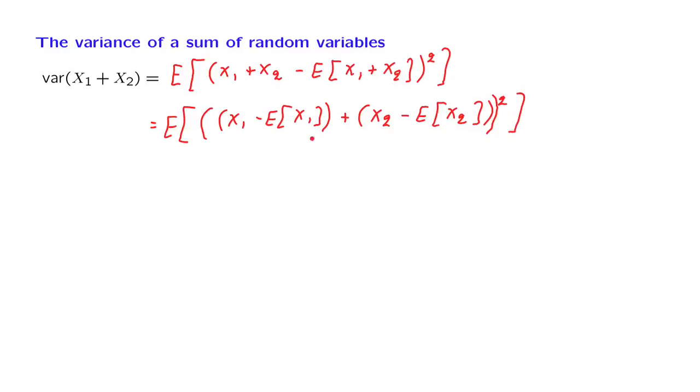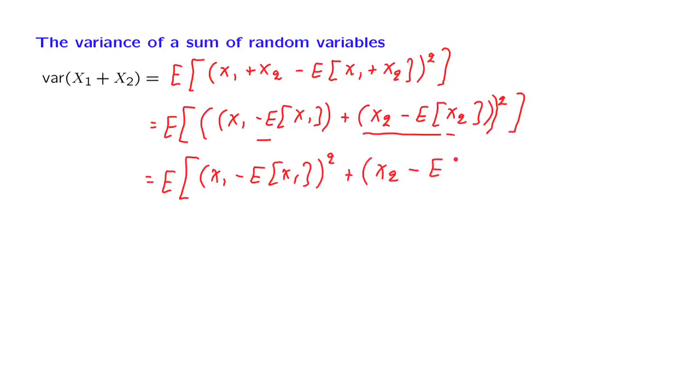So now we have the square of the sum of two terms. We expand the quadratic to obtain expected value of the square of the first term plus the square of the second term plus 2 times a cross term.